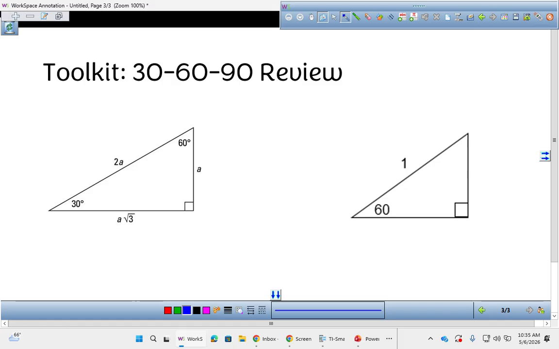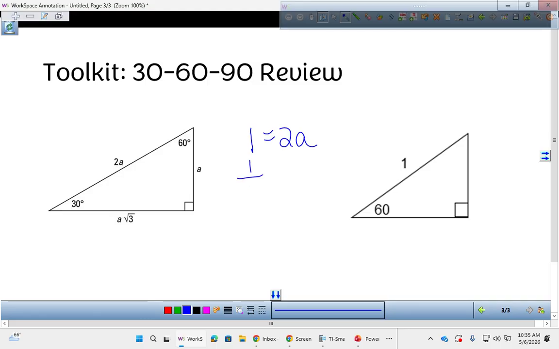The hypotenuse of the unit circle is 1, and the hypotenuse of the formula is 2A. So I can solve for that short side length by dividing by 2. So the short side length is half of 1, which is 1/2. The trick here is that the short side length is opposite of the 30-degree angle, and I have the 60 in the corner. So I'm not gonna put the 1/2 here, I'm gonna put it here.